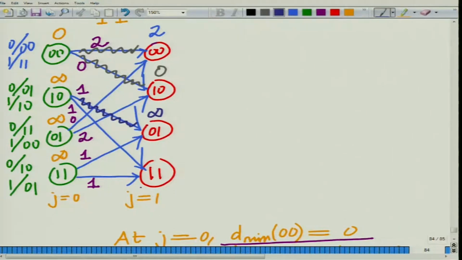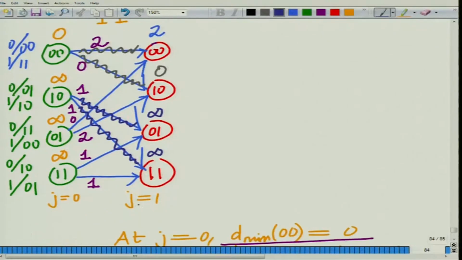Again similarly, the minimum distance to 1 1 is also, you can see, infinity, because I can either come from 1 0 or 1 1, and both of them have the minimum distance of infinity. And you can see that at every stage, at each time instant, for every state I am noting two things. One is the minimum distance to that state and the branch corresponding to that minimum distance, because we are going to need that later.